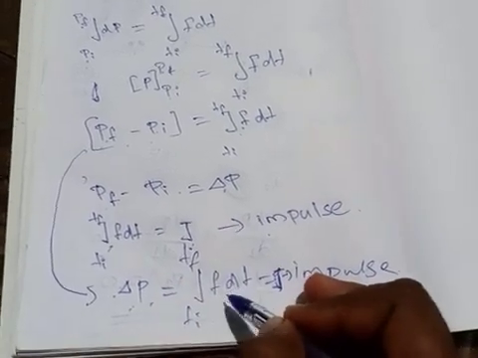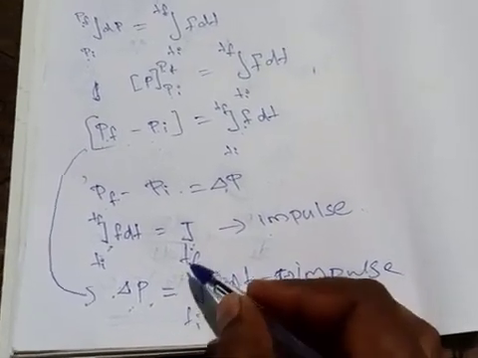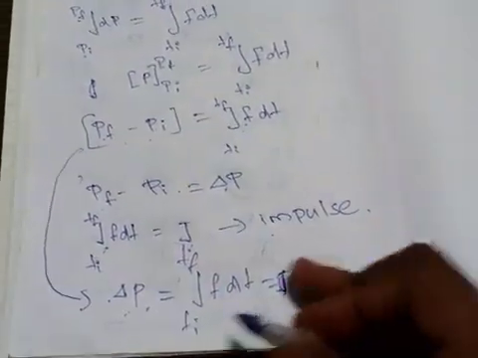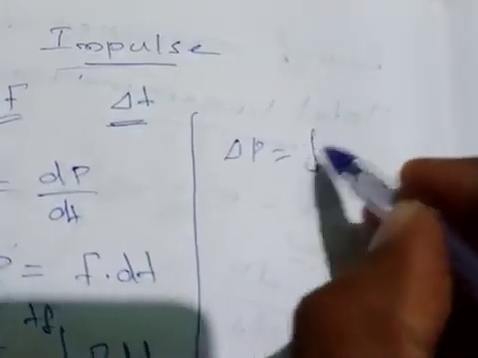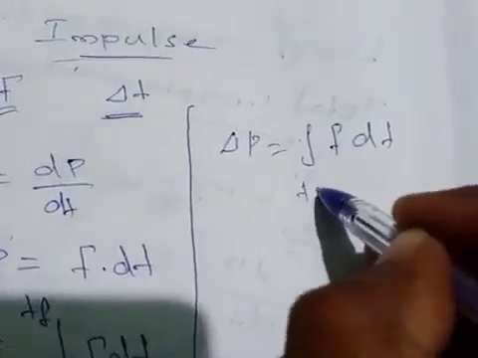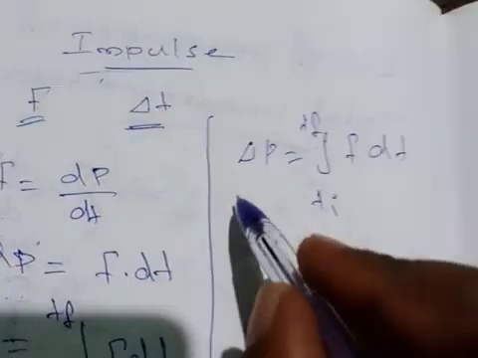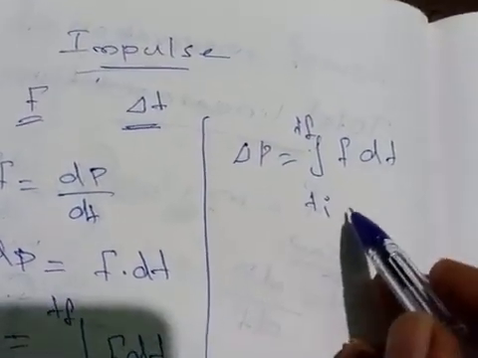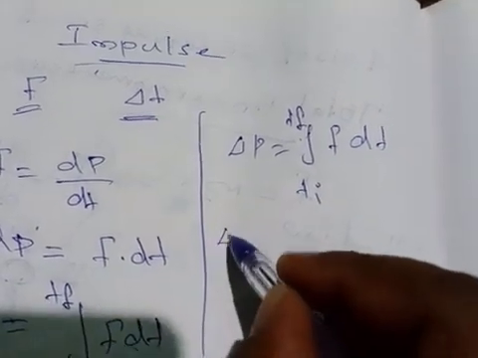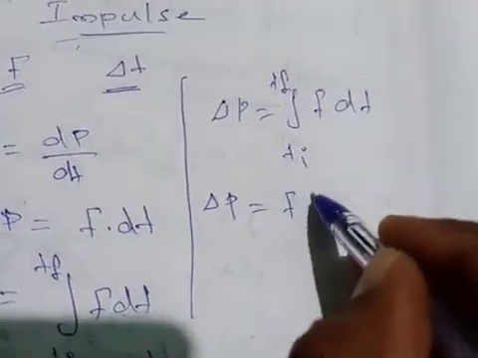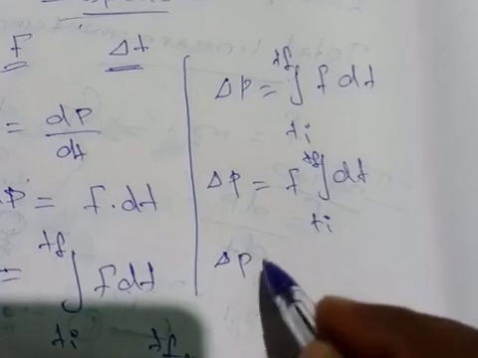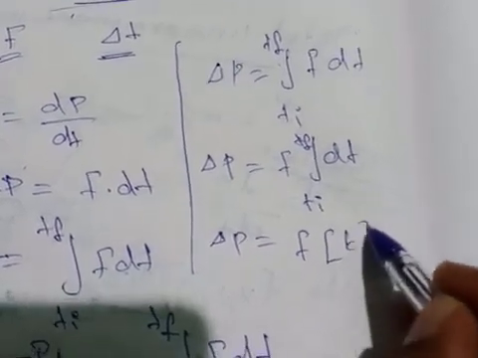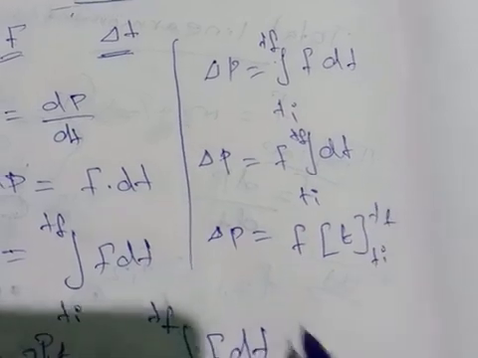So also you can tell this is the integral of F dt from Ti to Tf. Suppose from this equation, I am writing that equation again, delta P is equal to the integral of F dt from Ti to Tf. So this delta P means the change in momentum, and if F is constant while integrating dt, delta P is equal to F into T from Ti to Tf.